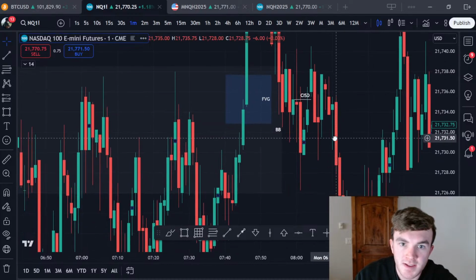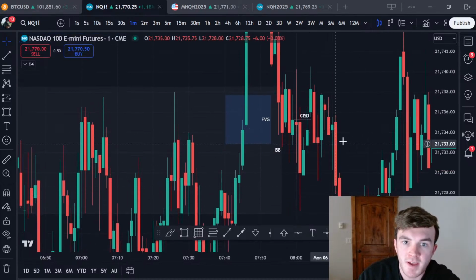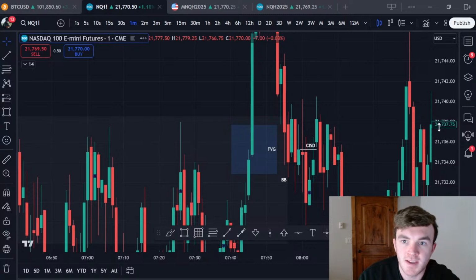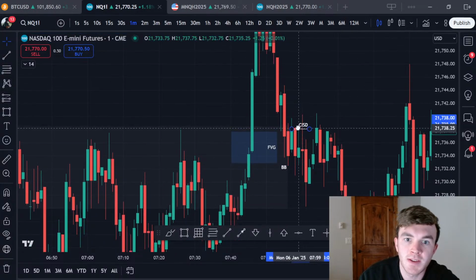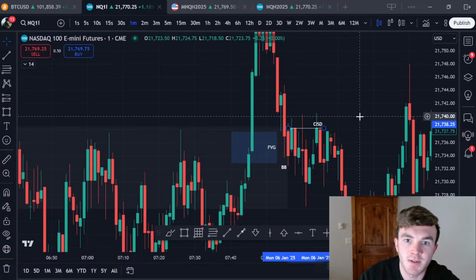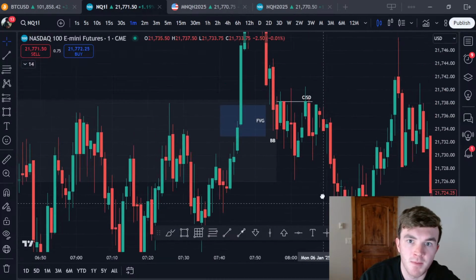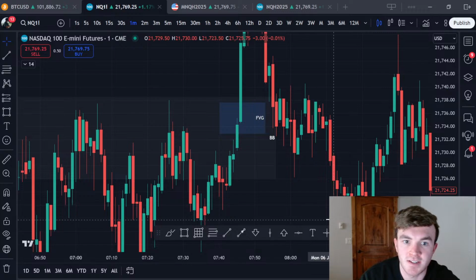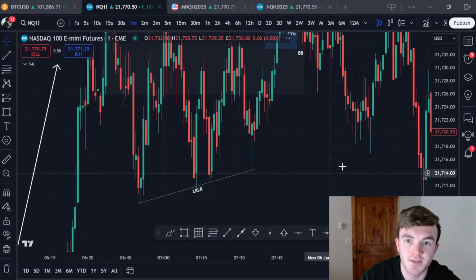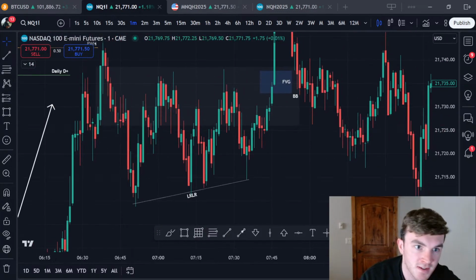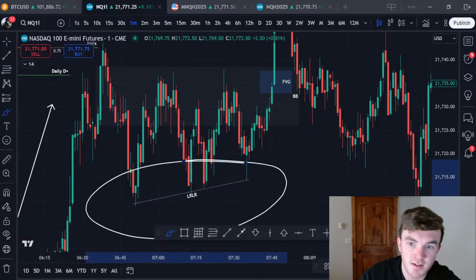So yeah, like I said, we have this breaker for value gap, and we get a CISD out of it, but we don't get this CISD, which is a big red flag, right? And we have LRLR below. The main reason this sucks is there's clear LRLR below. You should not be longing this with clear LRLR below.